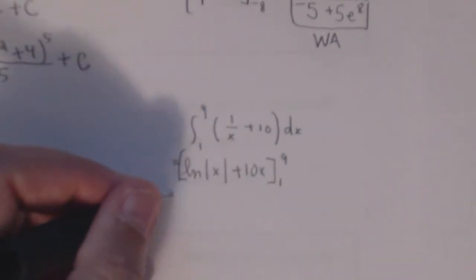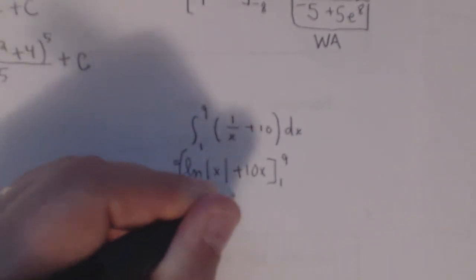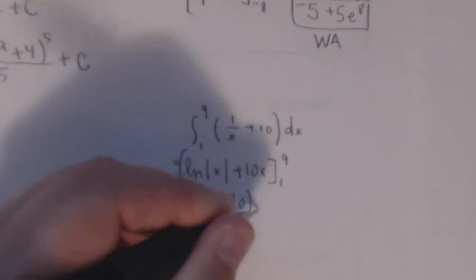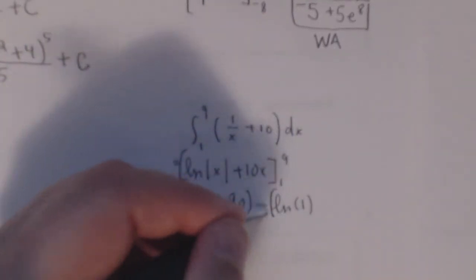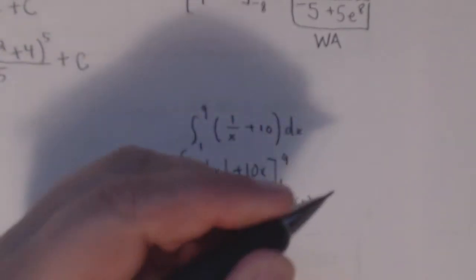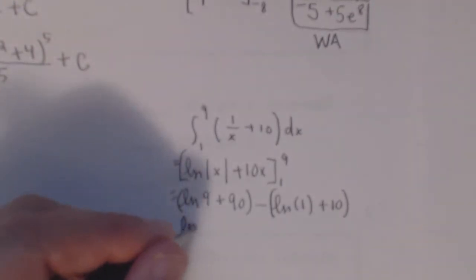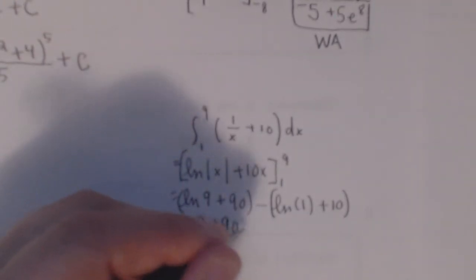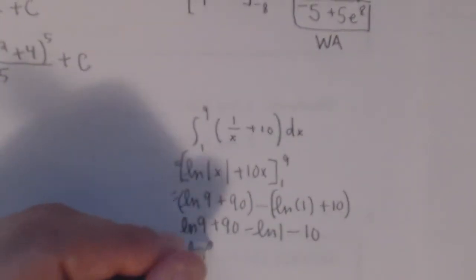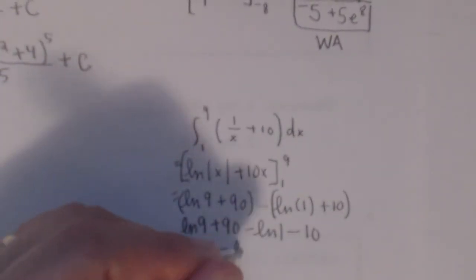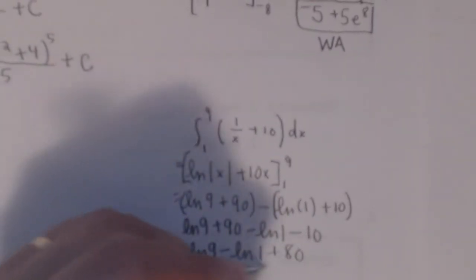So if we get the exact answer, that's going to be natural log of 9 plus 90 minus natural log of 1 in parentheses minus parentheses natural log of 1 plus 10. So that's natural log of 9 plus 90 minus natural log of 1 minus 10. So that's natural log of 9 minus natural log of 1 plus 80. And that's the exact answer.